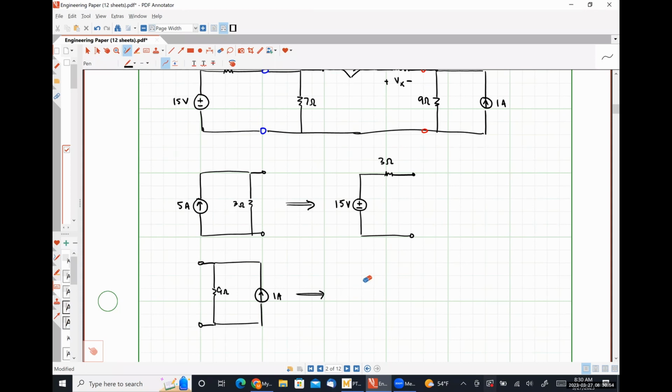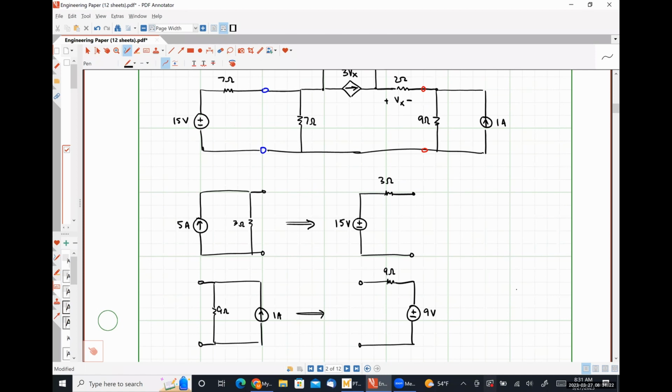Actually, let me put the terminals on the left-hand side. Does it matter what order I put the voltage source and resistor in? No, when they're in series, not at all. I'm putting them in this particular order just because that's aesthetically what we're used to, but it would not matter one bit if I put the 9 volt source on this top part of the branch and the 9 ohm resistor on the right hand side of it.